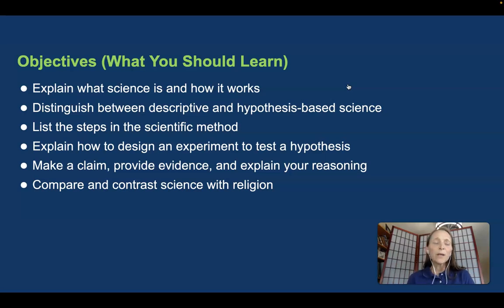We're also going to explain how to design an experiment to test a hypothesis. Once we do that experiment, we're going to talk about how scientists make a claim, provide evidence, and explain their reasoning. And at the very end, we're going to compare and contrast science with religion.